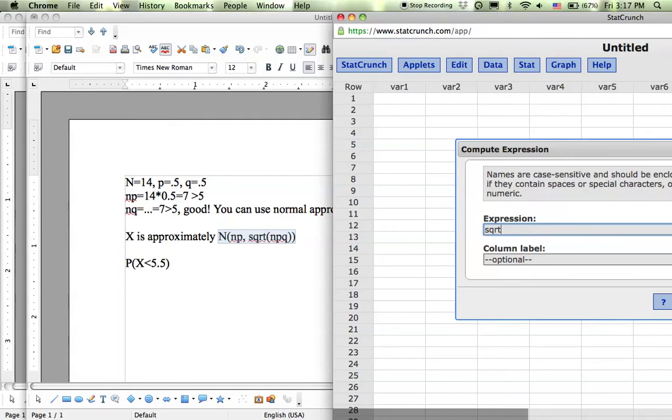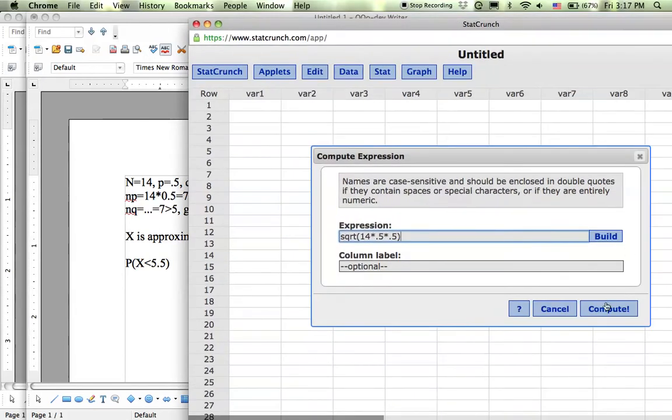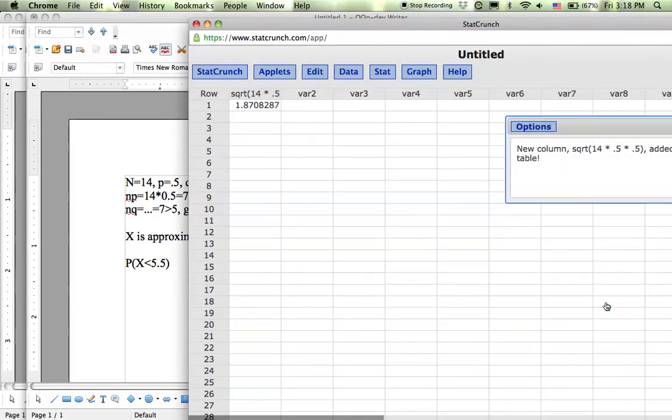SQRT, n is 14, times 0.5, which is p, times again 0.5, which is q. Okay, so this 1.871 will be your standard deviation for your normal.